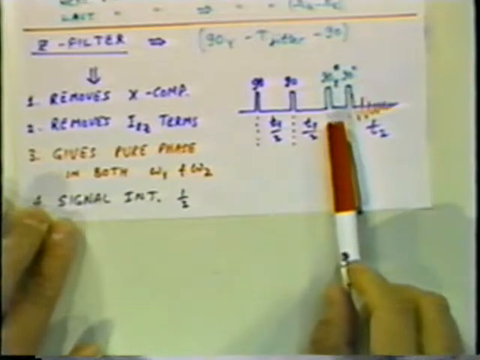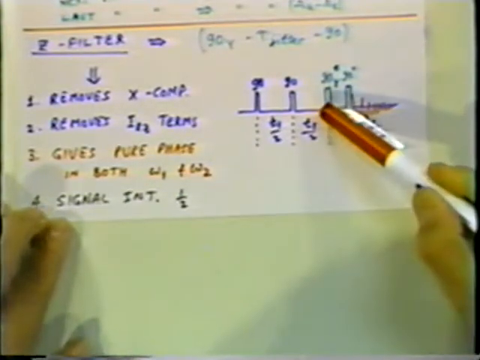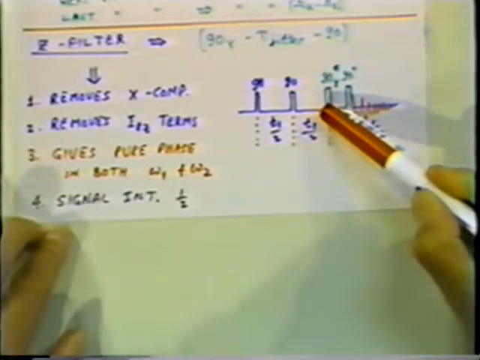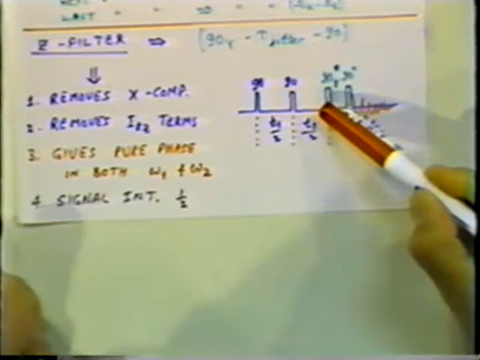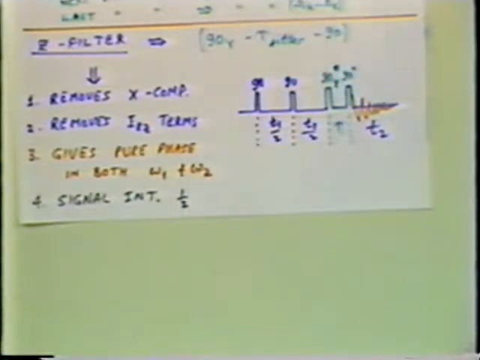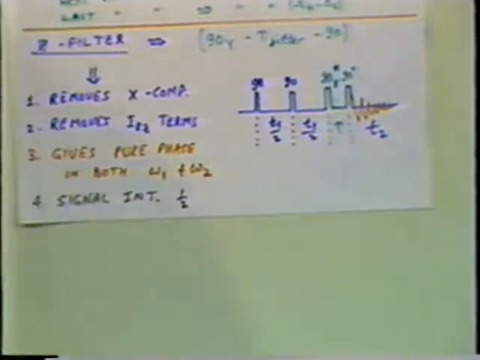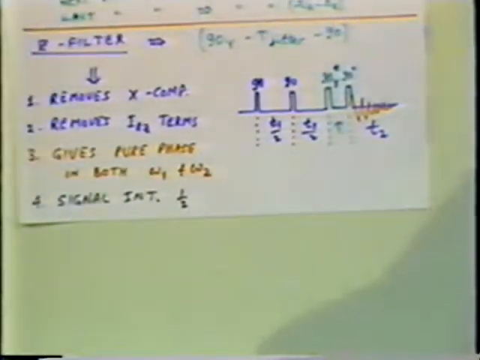We take the magnetization at the end of the T1 period, before we start reading it, and we do a trick. We apply a 90-degree pulse along the y-axis. So whatever magnetization was there along the x-axis, we will take it in the z direction. And all of the magnetization which remains in the xy plane will be killed by what we call phase cycling.